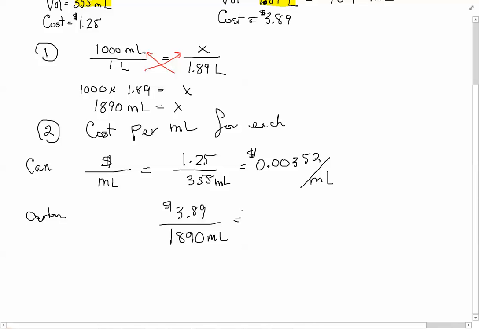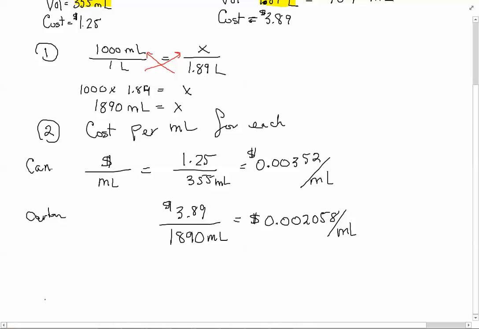We have 3.89 divided by 1,890 milliliters, and this is 0.002058 dollars per milliliter.